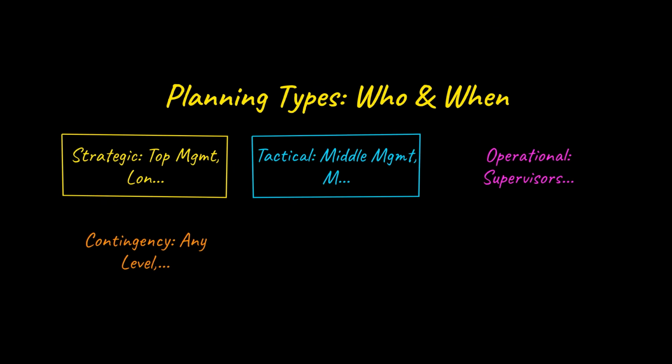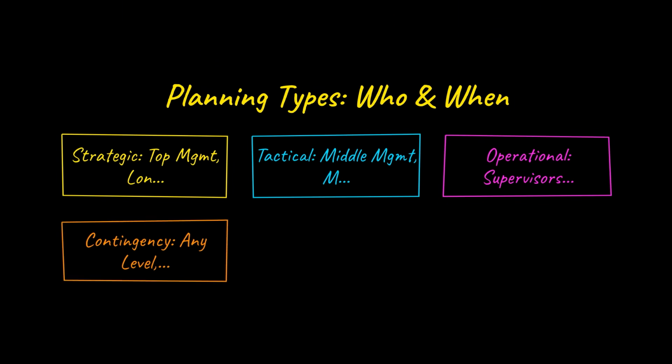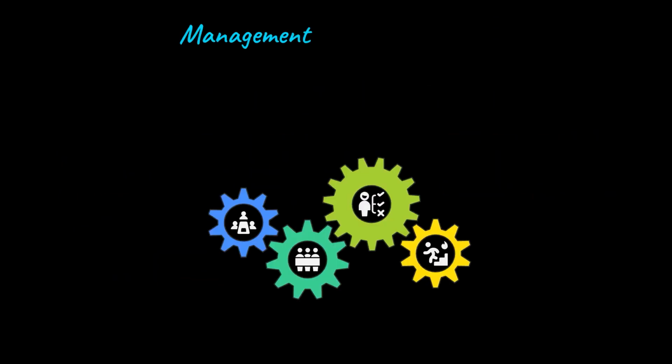Tactical planning is done by middle managers who translate that strategy into departmental actions over months. Operational planning belongs to frontline supervisors managing daily schedules and assignments. Contingency planning prepares backup responses to unexpected events and can be done at any level.